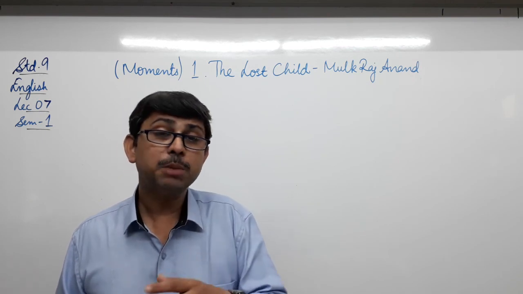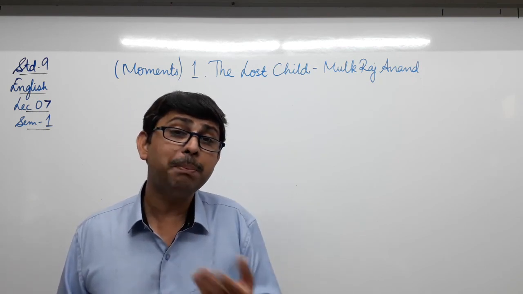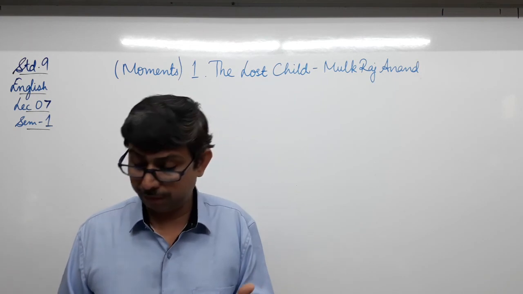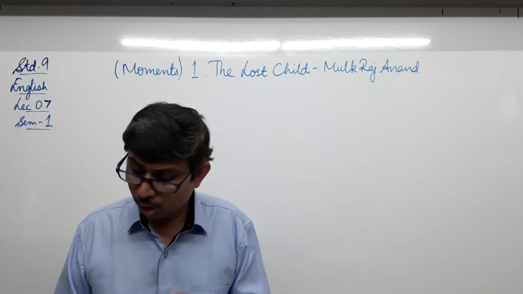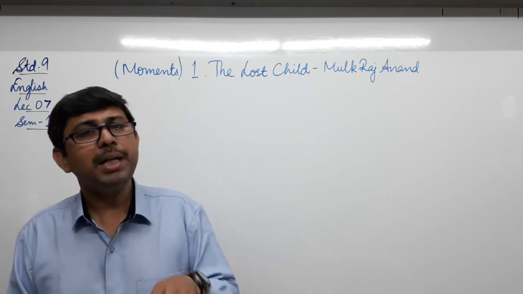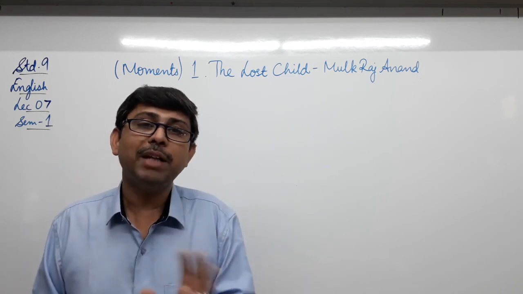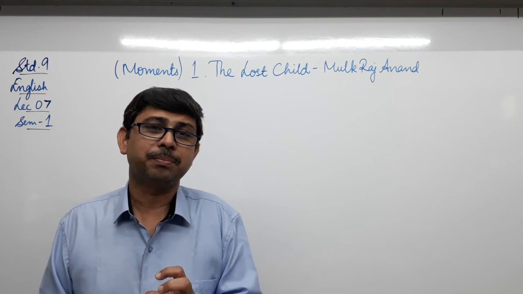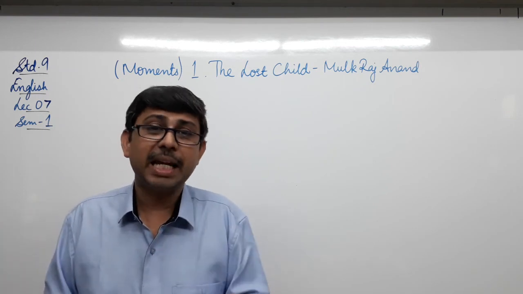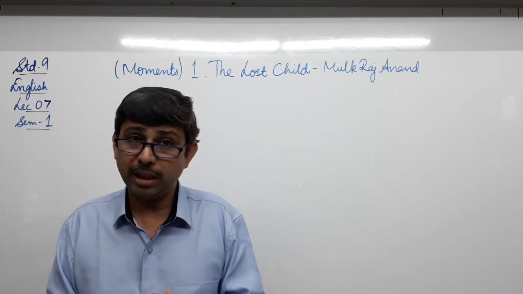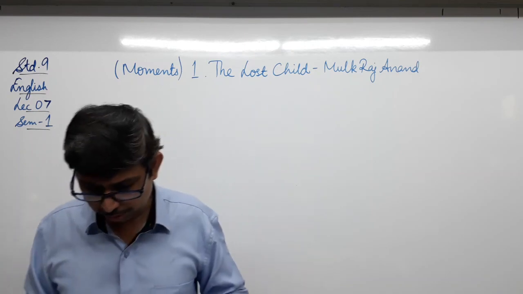So he knew that despite this request, despite my plea, I would not be getting to eat barfi because his parents would say that he was greedy. So the moment he said this, I want barfi, he did not wait for any answer from his parents. Simply he moved on, he went away. He did say that I want barfi, but he did not wait to get a reply, he just moved on.